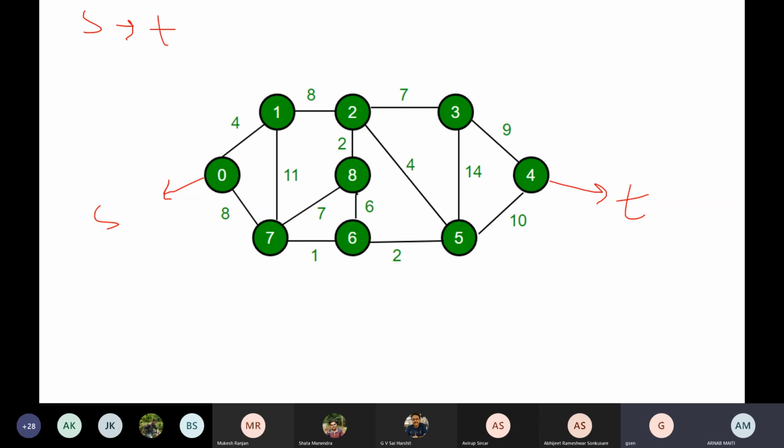Before we start the algorithm, except for the starting vertex, for every other vertex we have to associate a number.